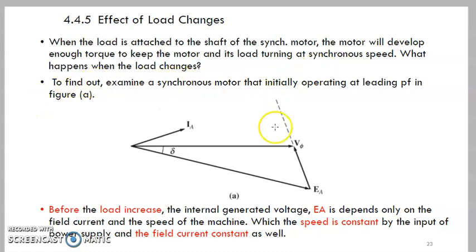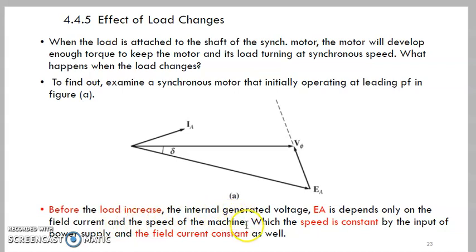To find out, we take a look at this phasor diagram and assume that it operates at leading power factor, and IA leads the phase voltage. At leading power factor, the generated voltage is lower than the phase voltage, because it is a motor. Before the load increases, the internal generated voltage EA depends only on the field current IF adjusted to the rotating poles in the coils, and the speed of the machine.